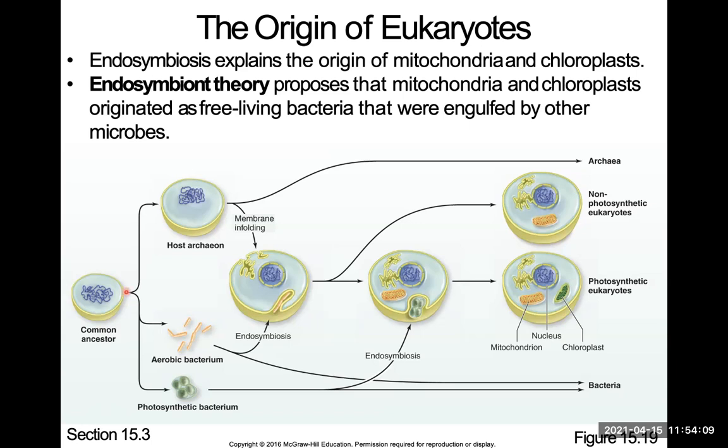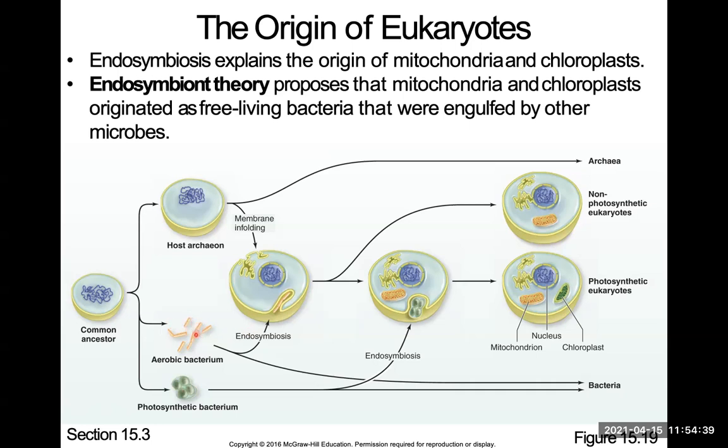So here is the common ancestor, the protocell, with the genetic material. There are different types of these protocells. You have archaea, you have some aerobic bacteria, that's mitochondria. You have some photosynthetic bacteria, some chloroplast or chlorophyll. So this membrane enfolding started, and it started engulfing these bacteria.